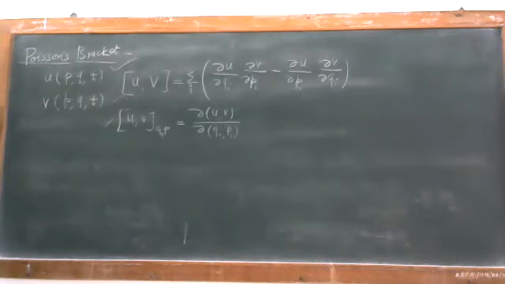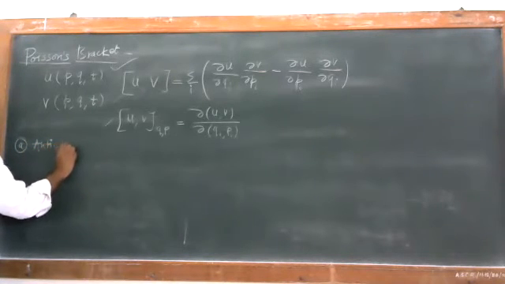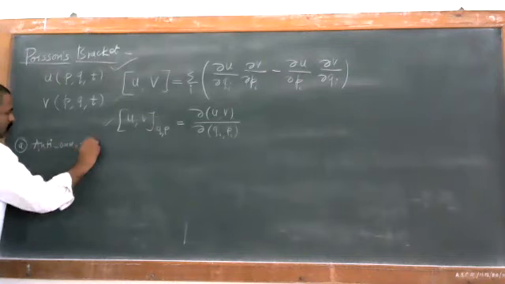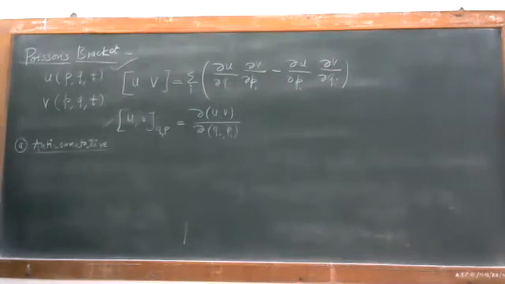The identity is like this. The Poisson bracket of any two dynamical variables is anti-commutative. Okay, so you just say first one, the Poisson bracket of any two dynamical variables is anti-commutative. What does it mean?